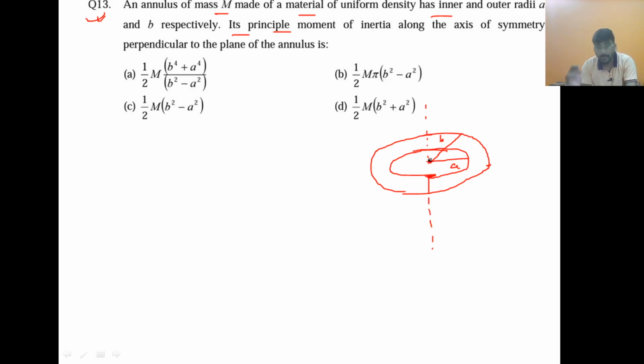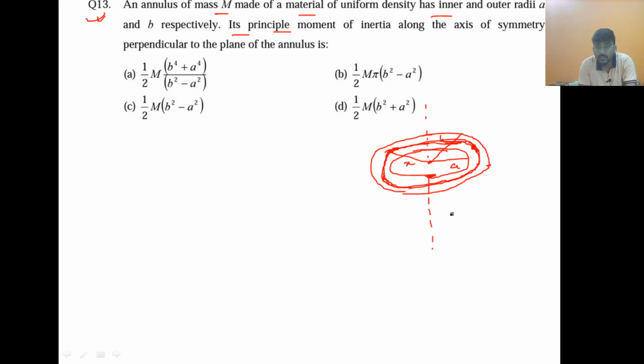Okay, so we have to choose a symmetric element. Let me choose this symmetric element at a distance x, a ring. Okay, here let me take a ring, and this ring is at a distance x of width dx.